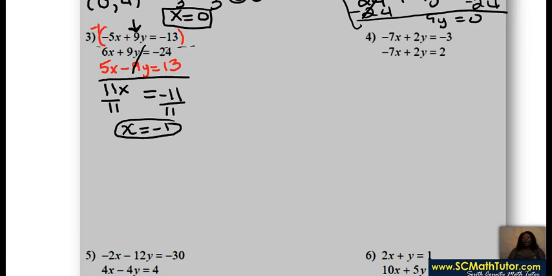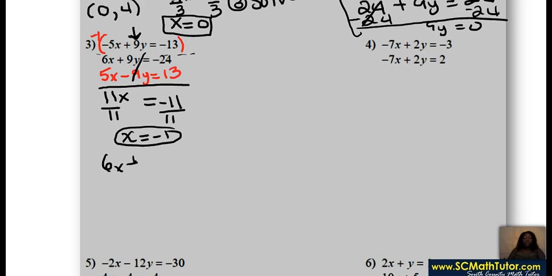To find y, again, pick either of your 2 original equations. Now, you can use your new equation, but I like to use the original equation just in case there's any little mistake. So I'm going to use the second one: 6x plus 9y equals -24.